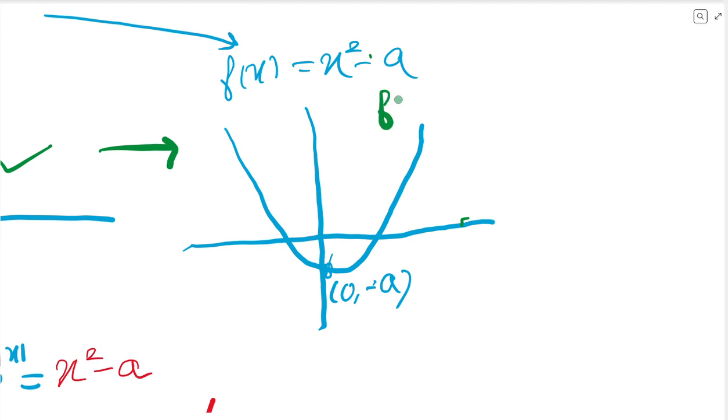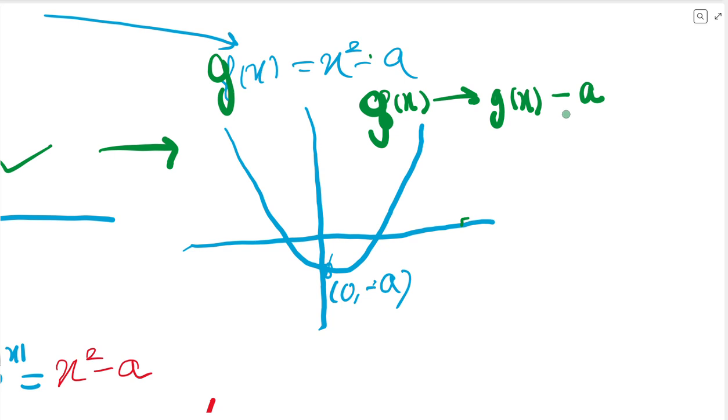The rule of this transformation is that g(x) transforms to g(x) minus a. Whenever there is an external operator and a constant, the graph will either move upwards or downwards depending on the sign. If there is a negative sign, the graph is going to shift a units downwards.